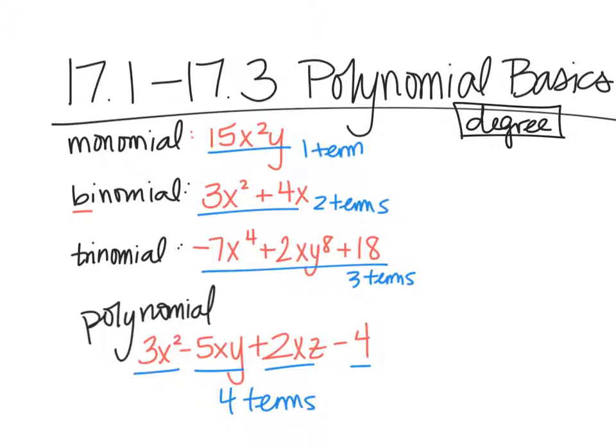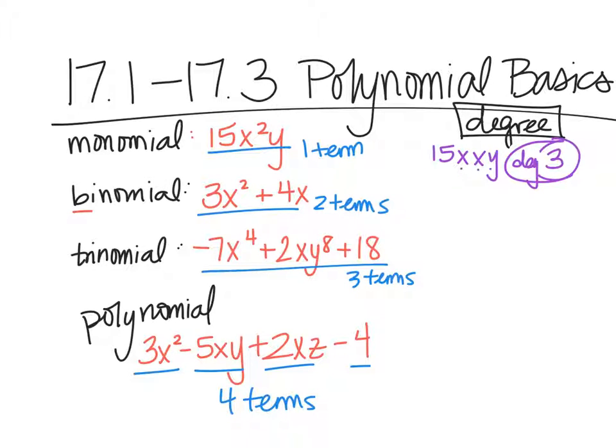So for example, the degree of the first monomial that's been given here, 15x squared y, think about it like this, 15x squared y can be written as 15xxy if we expand that out. And think about how many variables there are there. There are 1, 2, 3 variables there, which means the degree is 3. And I probably shouldn't write equals. Okay, so for monomials, it's pretty simple.